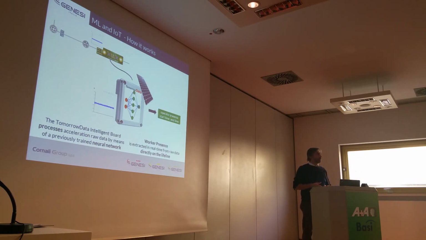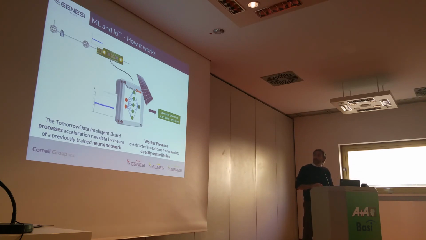We install a neural network, which is the machine learning algorithm we chose, inside the intelligent board, and we will come back to it in a minute. The acceleration comes in, and if there is a worker, the worker presence comes out on the other end. What is worth mentioning here is that, first, we have chosen neural networks because of the behavior they manifest with respect to generalizing previously seen examples to previously unseen new cases.